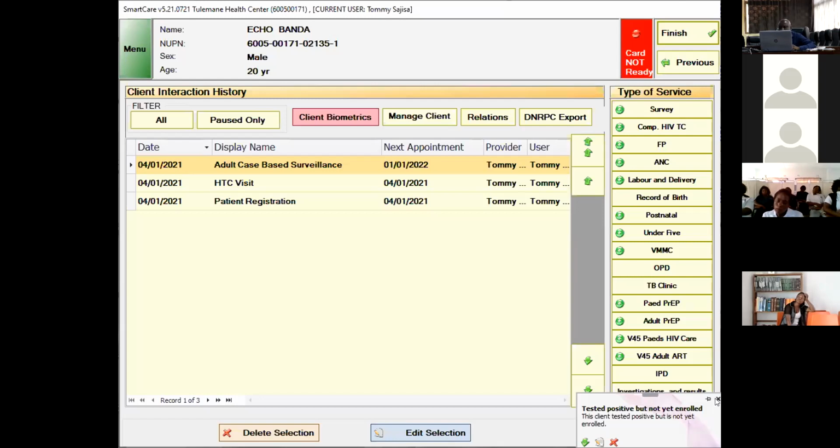This one is an adult, so we'll go to the V45 adult ART. Again here, let me just say that you remember we had the V45 and we had also the adult ART and the pediatric ART, then there was V45 PIDS. That was to take care of the forms.